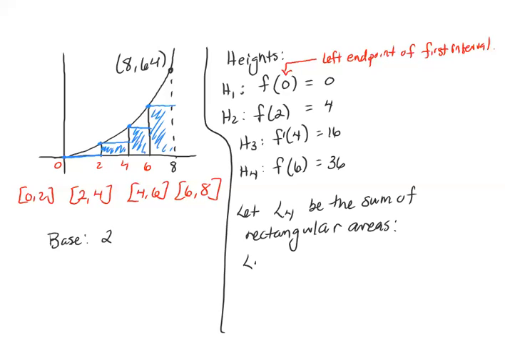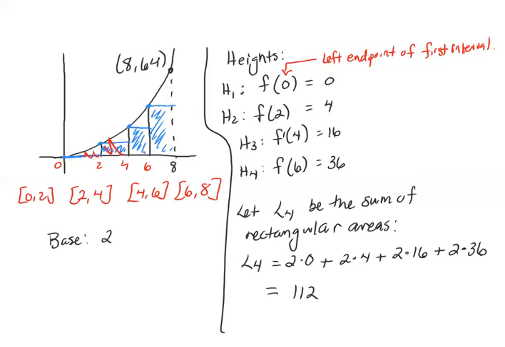L4 is equal to the base of the first rectangle times the height of that first rectangle, plus the base of the second rectangle times the height of the second rectangle, plus the base of the third rectangle times the height of the third rectangle, plus the base of the fourth rectangle times the height of the fourth rectangle. If I find the value of that in my calculator, I get 112. Okay, so that is another approximation of that area under the curve, which is S.